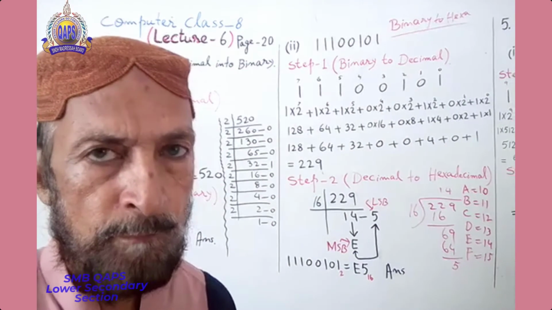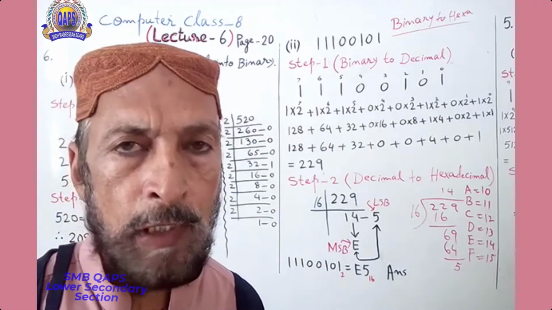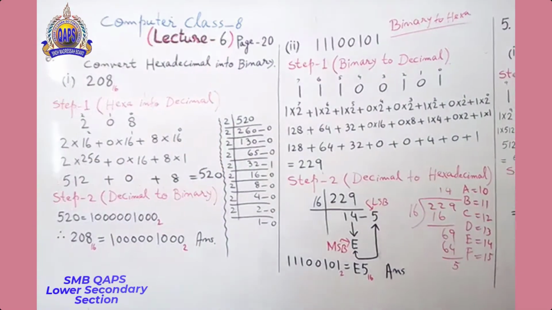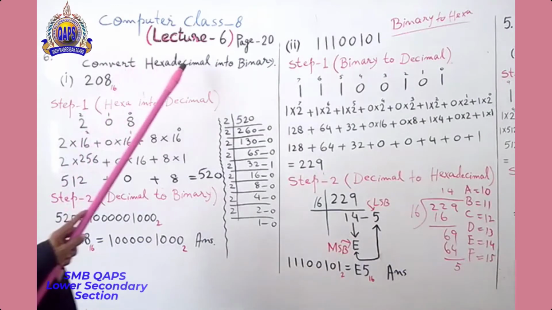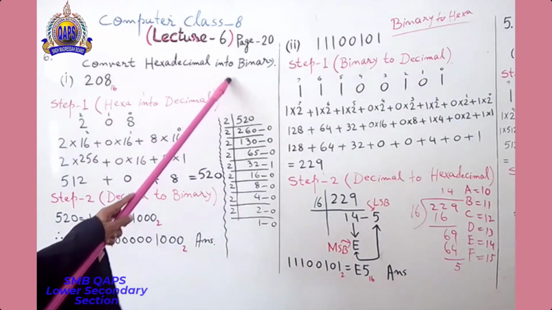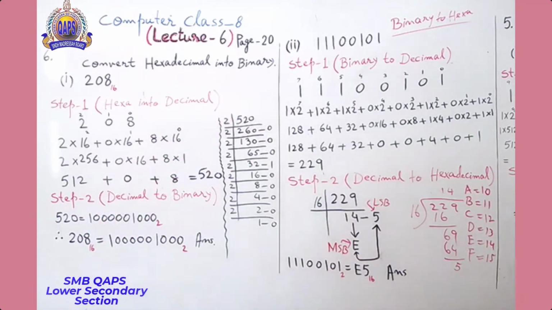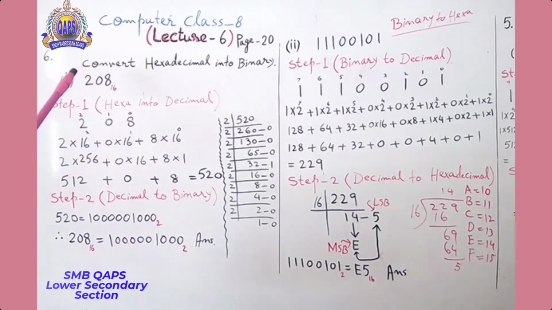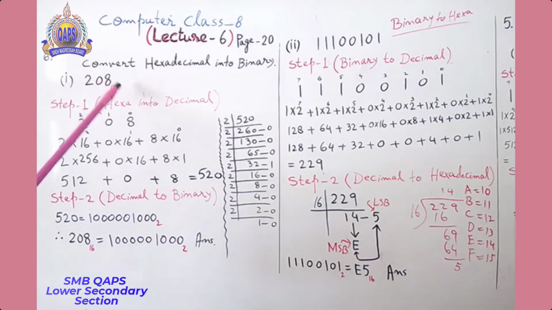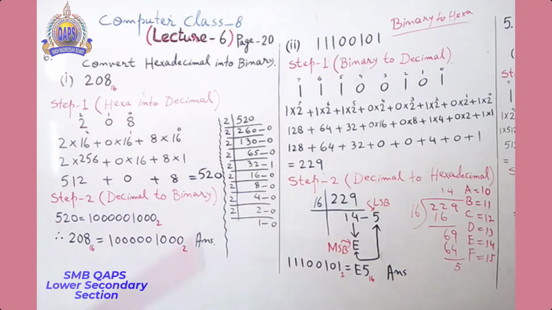Lecture 6, page 20 of your book. Question: convert hexadecimal into binary. And the hexadecimal number is 208. Base 16.